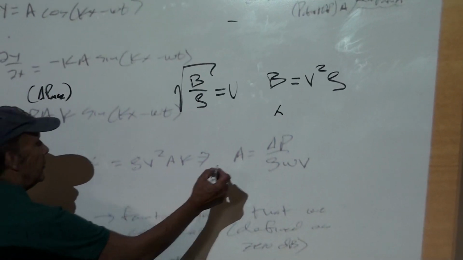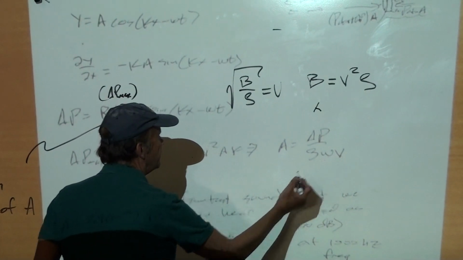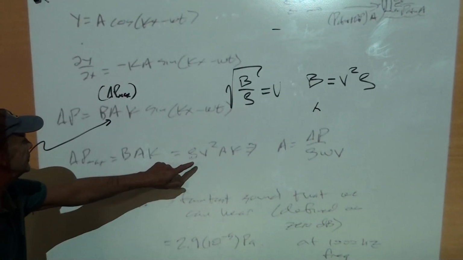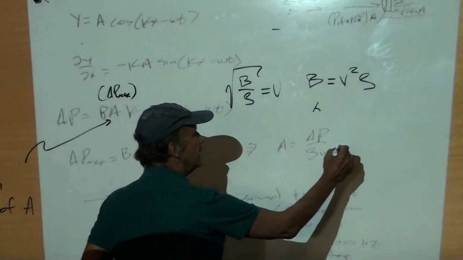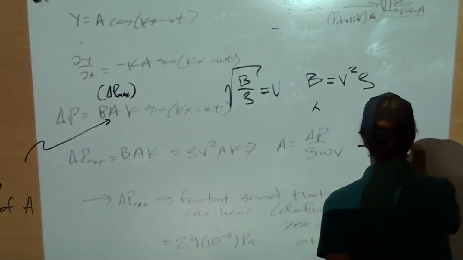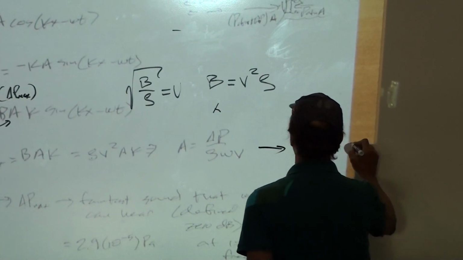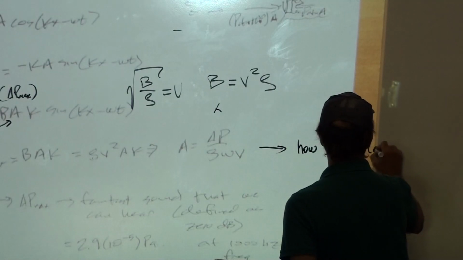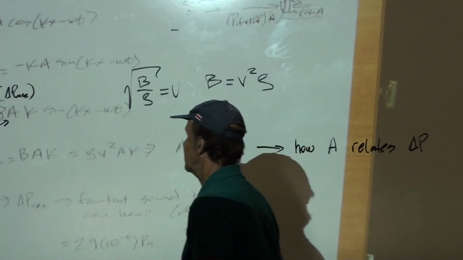Now we can do a little bit of manipulation of that and solve for A. If we do, we get A is equal to delta P divided by rho omega V. Now, it's just kind of a convenient way of rewriting the maximum amplitude in terms of delta P. Okay, so this is how the maximum displacement relates to the pressure difference that is causing the disturbance.